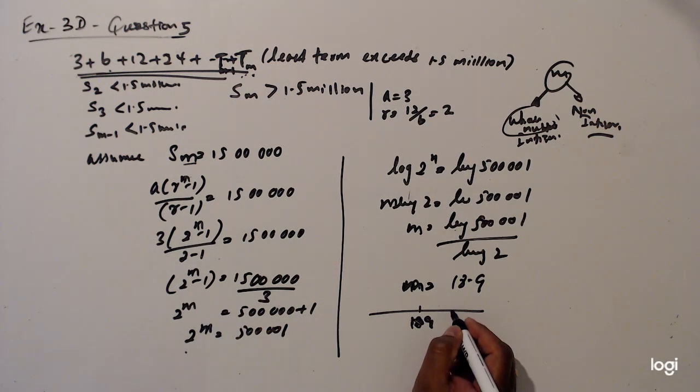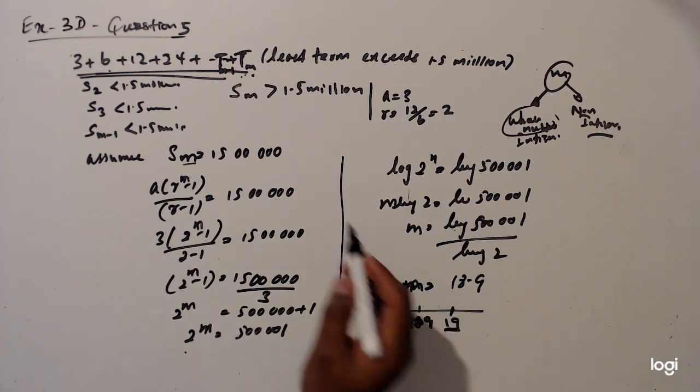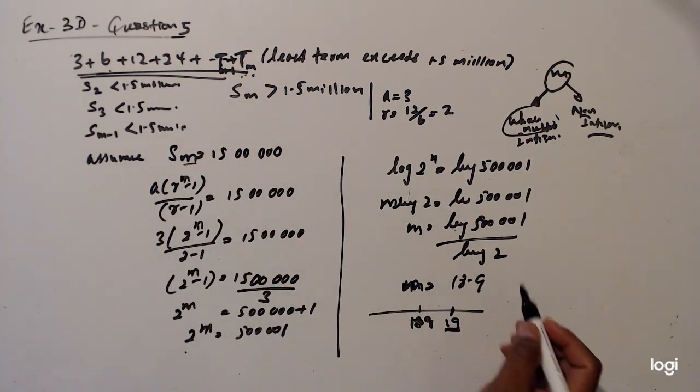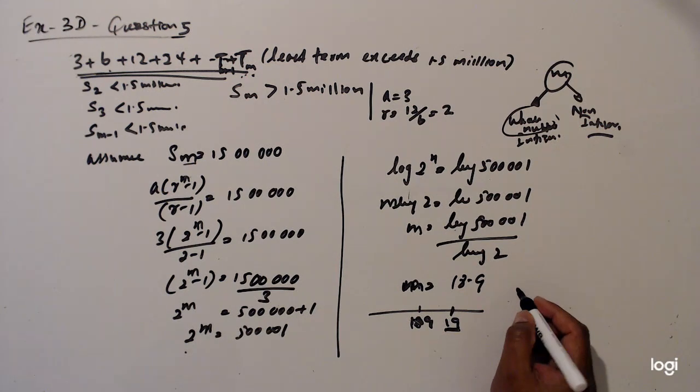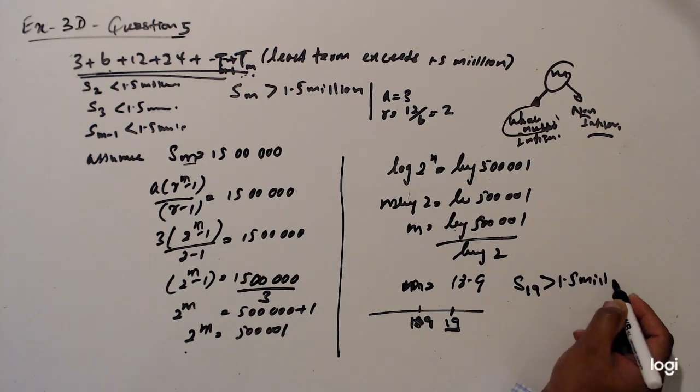So because of that, we have to move to the next one, that is 19. So then definitely Sm, when you consider S19, that is greater than 1.5 million.